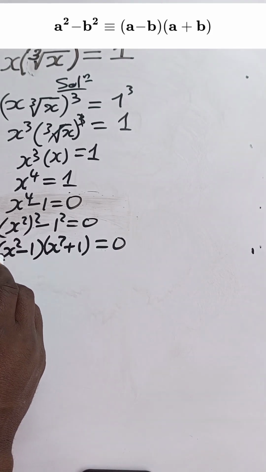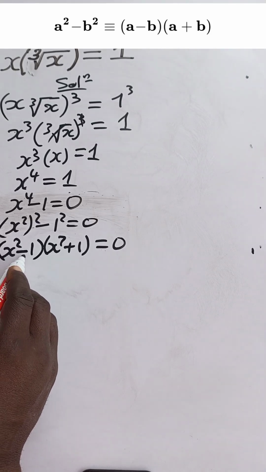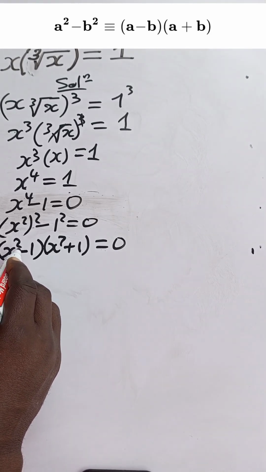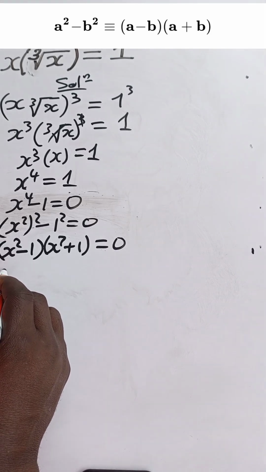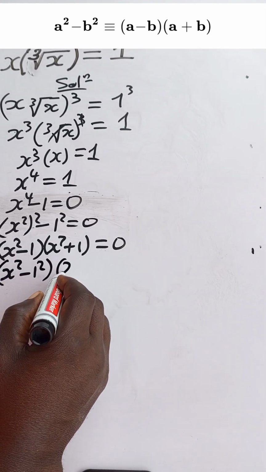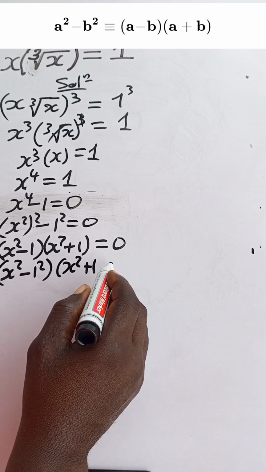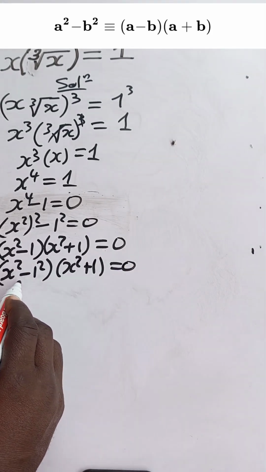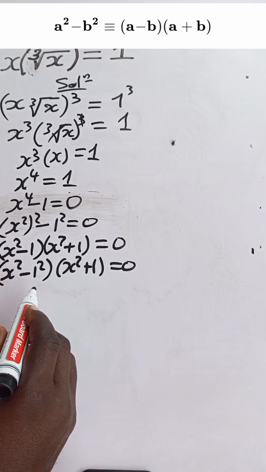If we look at this first member here, it is also a difference of 2 squares. All right, let's go ahead and split this. This is actually x squared minus 1 squared, so that we can see that it is a difference of 2 squares. Remember, 1 squared is the same as 1.